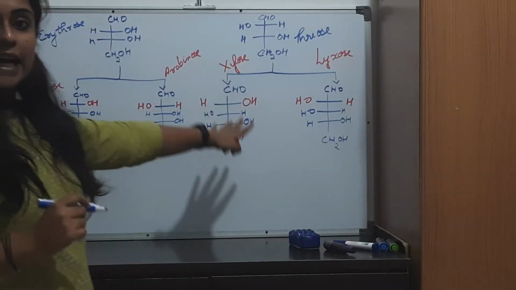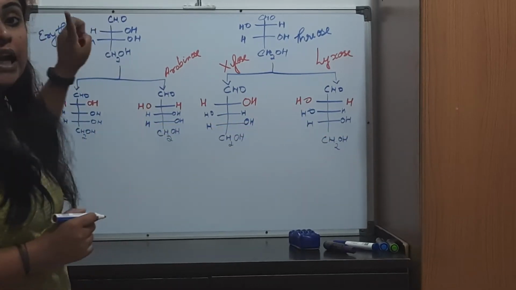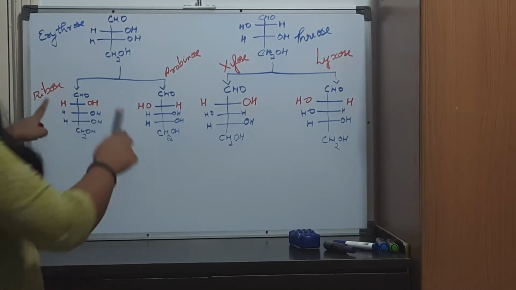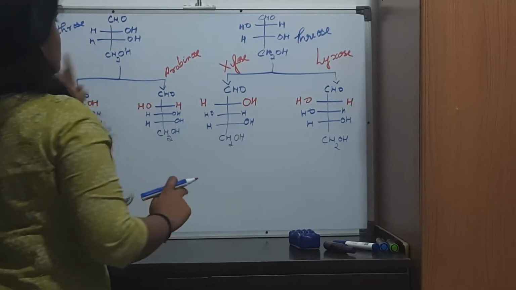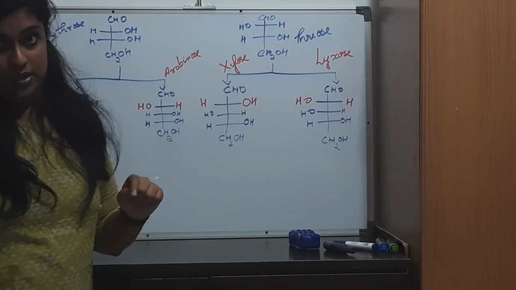Ribose, arabinose, xylose and lyxose. So this was aldotetrose, and from there we got aldopentose. All 5 carbon atoms, ribose, arabinose, xylose, lyxose, all of them are aldopentoses.